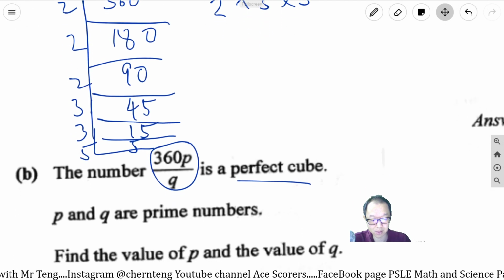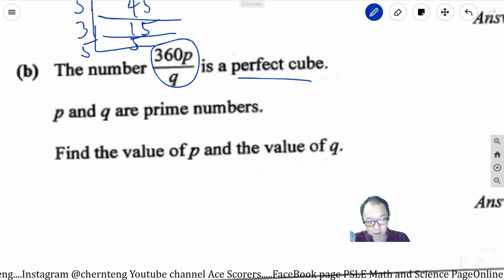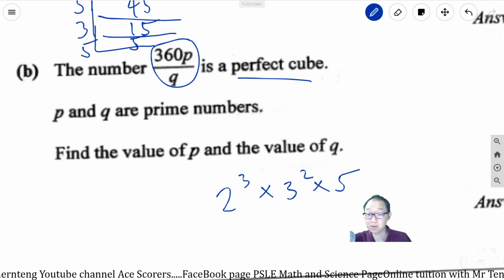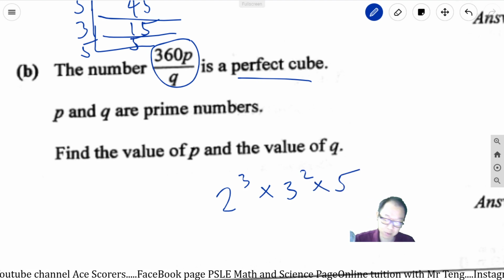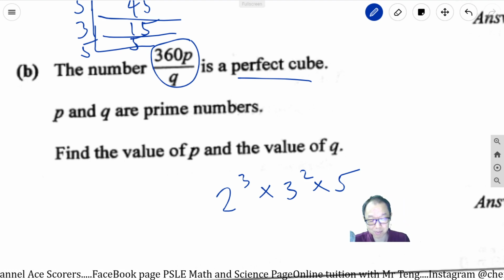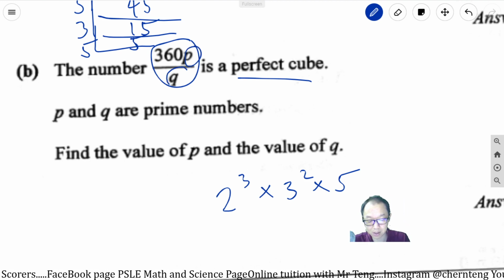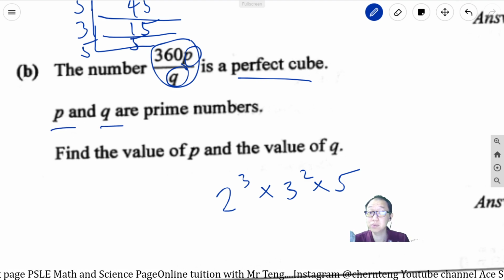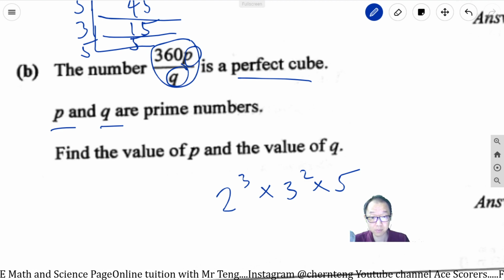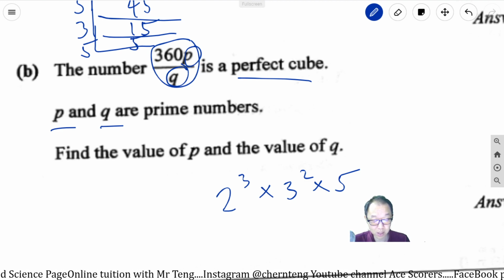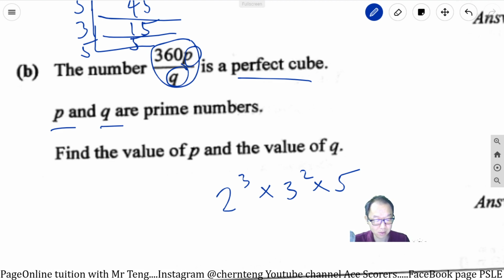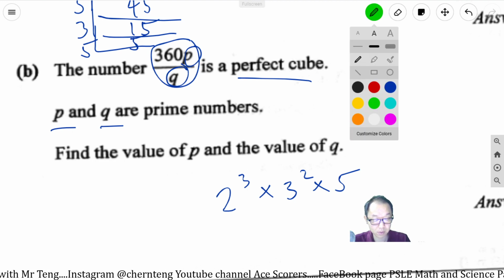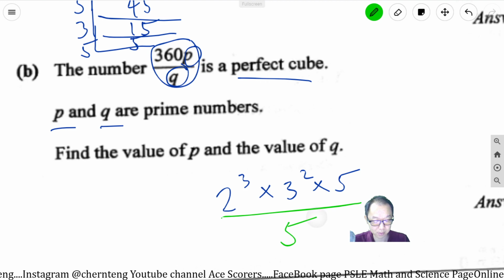2 to the power 3 times 3 to the power 2 times 5. Okay, so I need 2 to the power 3 times 3 to the power 2 times 5. But here I need to include some p and remove a q. And p and q are prime numbers. So I need to remove q. I'm guessing q would be the 5, so divided by 5.